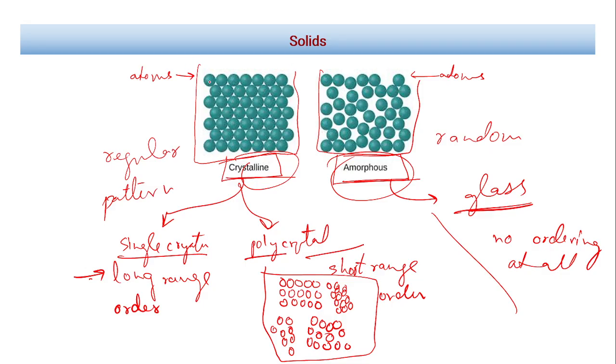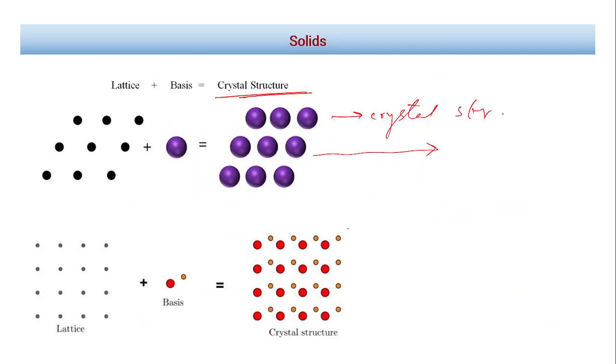So you can imagine there's nothing actual here, there's nothing to be seen, but we can imagine there's a point here. And we are just putting our basis or our atom at these positions and getting this crystalline arrangement. So this is what we mean when we say lattice plus basis gives us crystal structure.